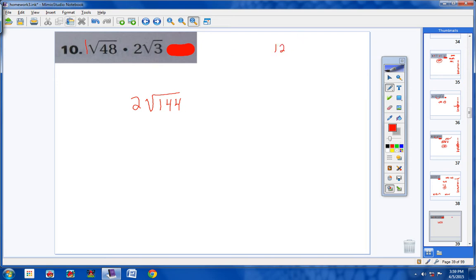I know it's not in your list right here, but that's because we stopped at 10 times 10, okay? 12 times 12 is 144. So, 2 times the square root of 144 is really 2 times 12. The square root of 144 is 12, and 2 times 12 is 24. So the answer is 24.